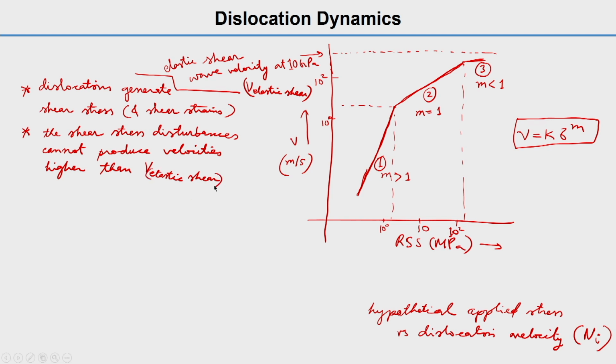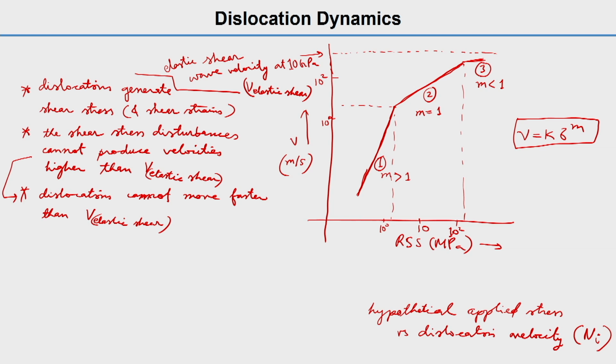So dislocations cannot move faster than V elastic shear. The velocity should be less than that.